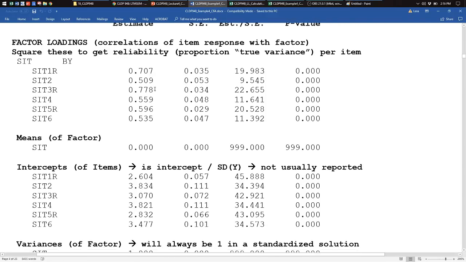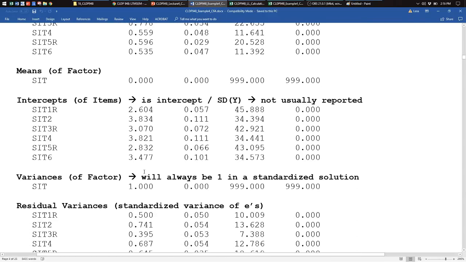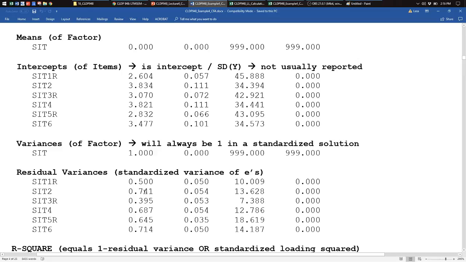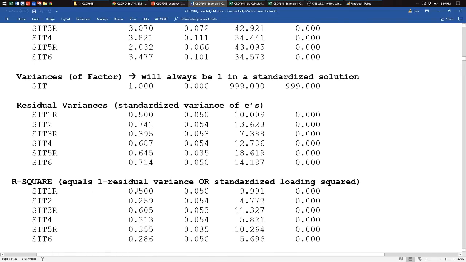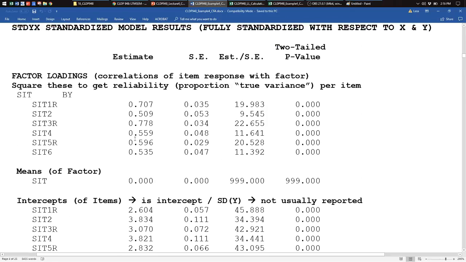You can pretty much disregard the standardized intercepts and the standardized residual variances. The only other thing on here that will be of interest is R square, which is each of these loadings squared. Because if standardized loadings are the R, the correlation of the factor with the item, then R square is that correlation squared.